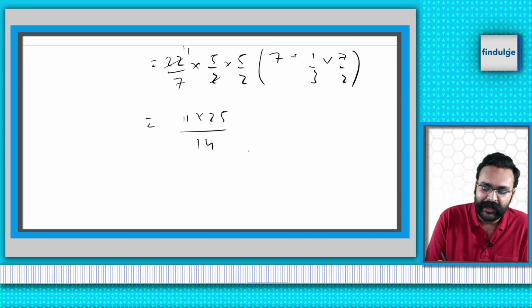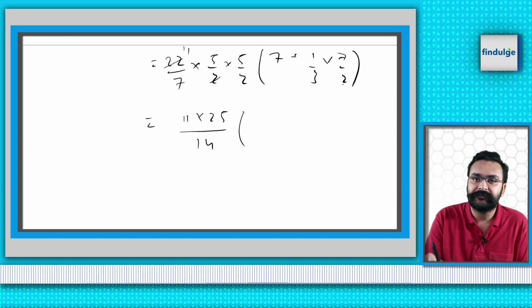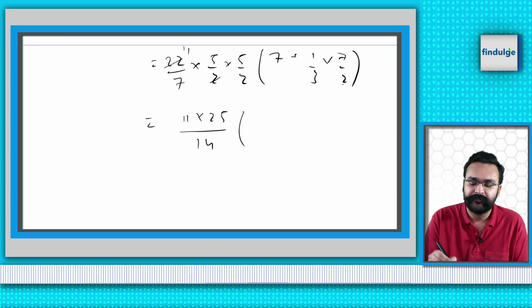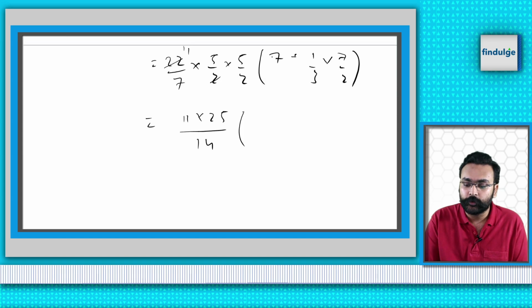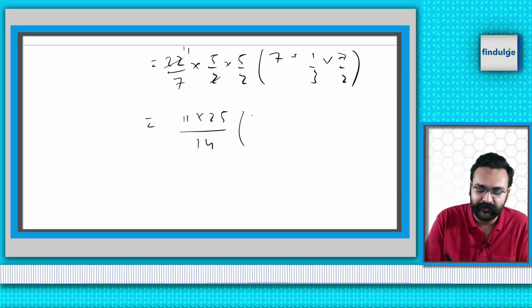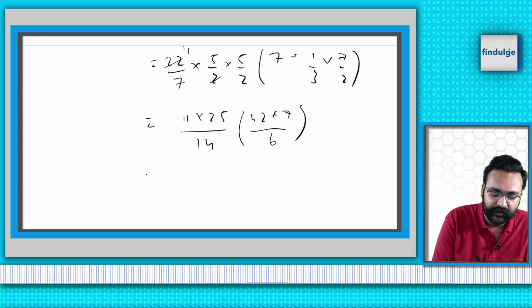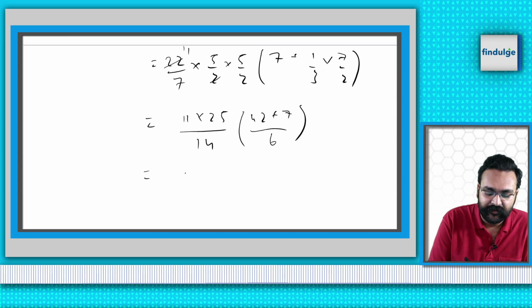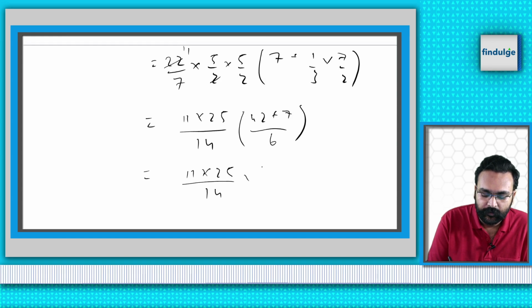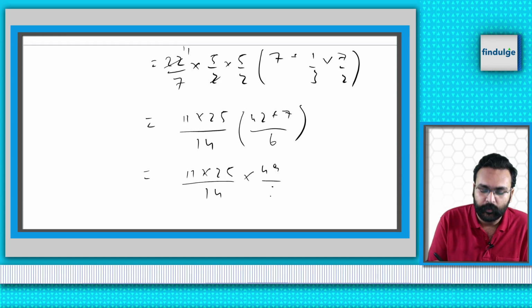And in the brackets I'd have 3 into 2 would become 6. I would take LCM. 7 into 6 would be 42. So 42 plus 7 upon 6. And now here I can see that I'll have 11 into 25 upon 14 into 49 upon 6.